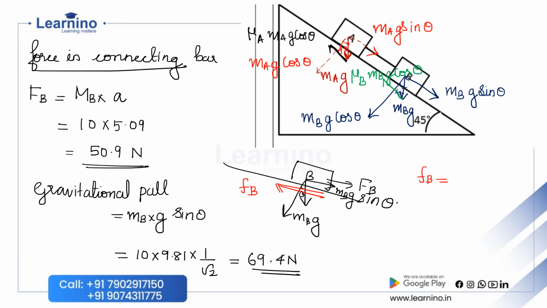Fb can be written as the perpendicular component to the inclined plane into mu. Okay, so the perpendicular component is mb into g into cos theta, and this magnitude of fb is mb into g into cos theta into mu b.